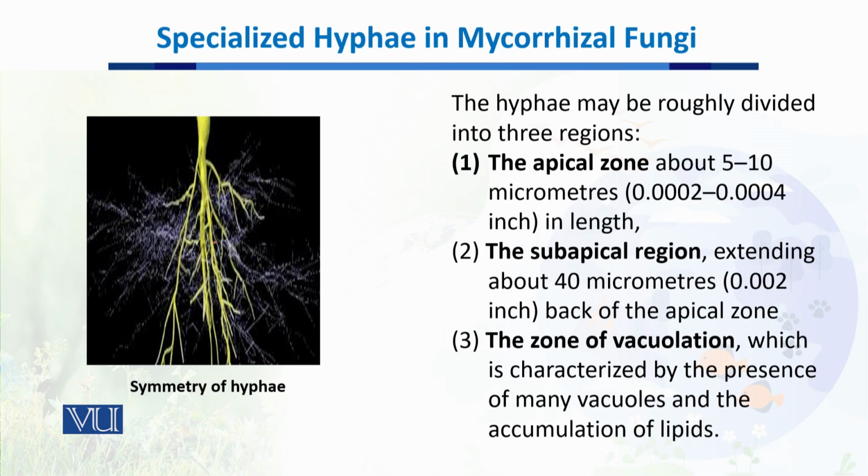Then we have another zone known as the zone of vacuolation, in which many vacuoles and lipids are accumulated in those regions of hyphae. So these specialized hyphae are present in the mycorrhizal fungi and help them to adapt successfully to perform their symbiotic work and symbiotic relationships.